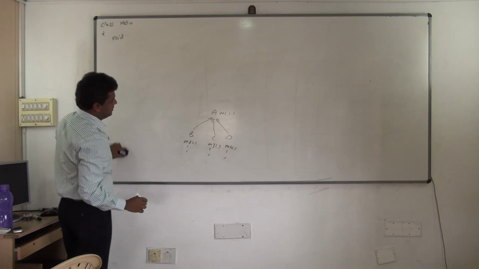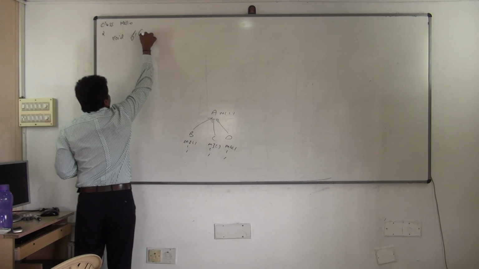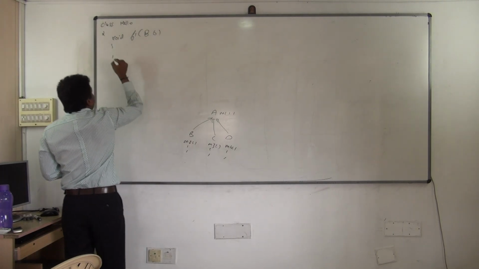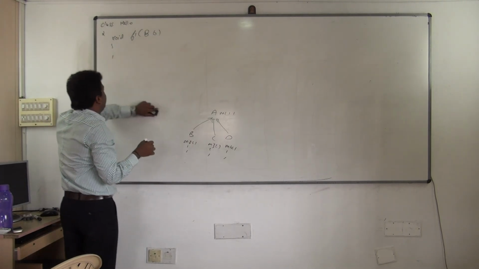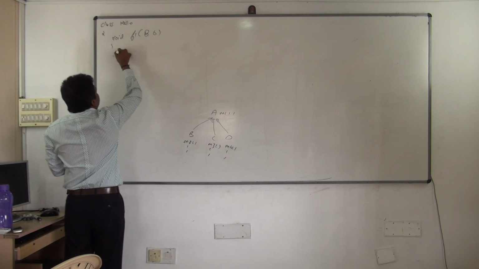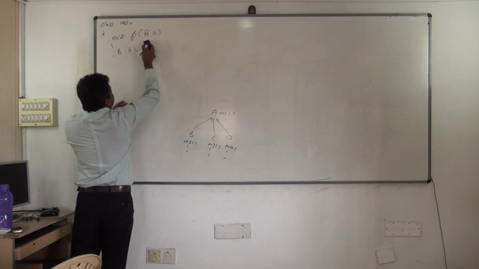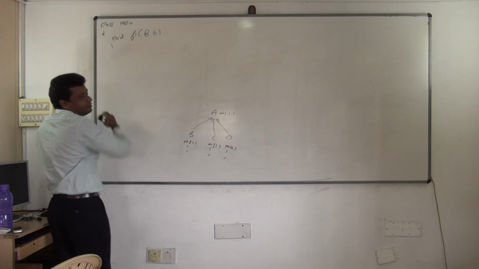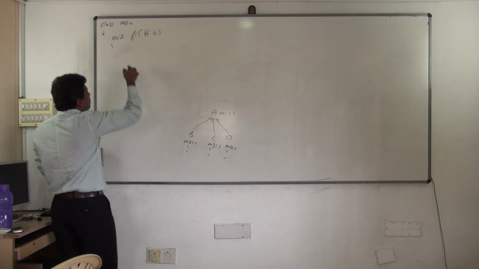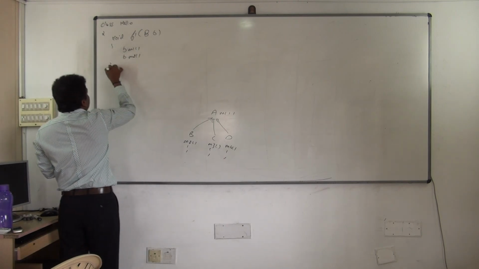So I can write some methods here. F1. The parameter will be of what? B. And here I'll typecast. Sorry, we'll go with B. No need of typecasting here. When you are accepting the same type, B dot M1 you can call, B dot M2 also you can call.